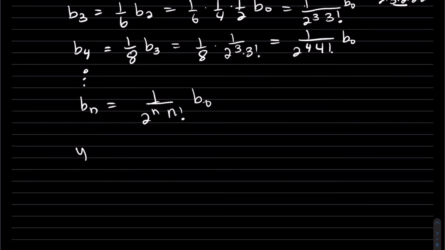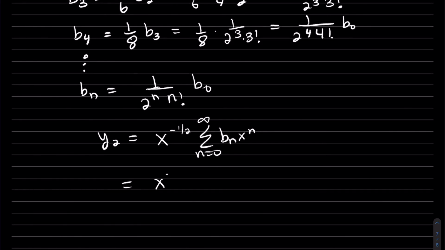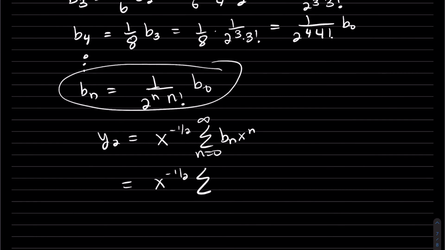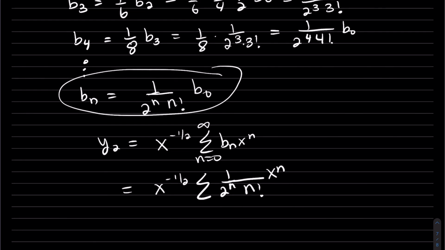So our y2, so this is b to the n. We can basically set b naught equal to 1, an arbitrary constant.